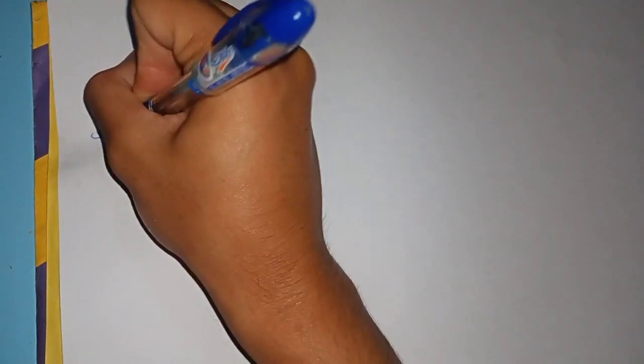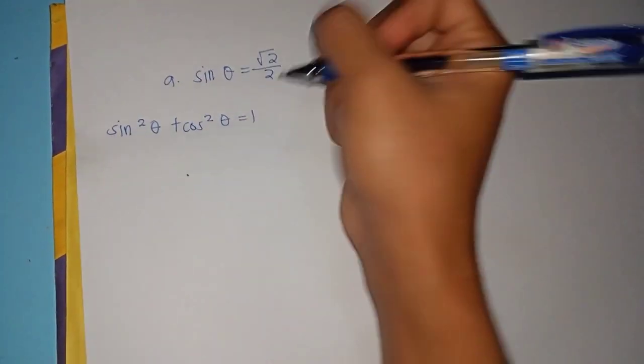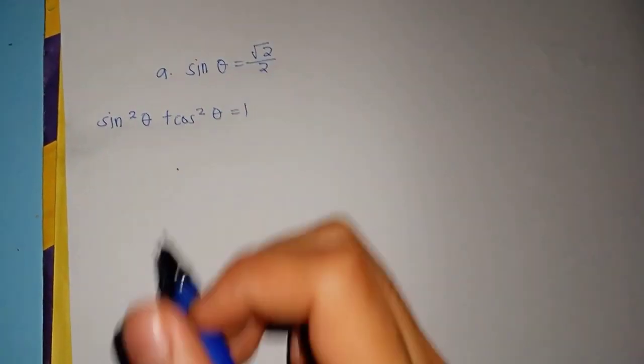Since the given is sine, we can use the Pythagorean identity: sine squared theta plus cosine squared theta is equal to 1. So substitute the value of sine.